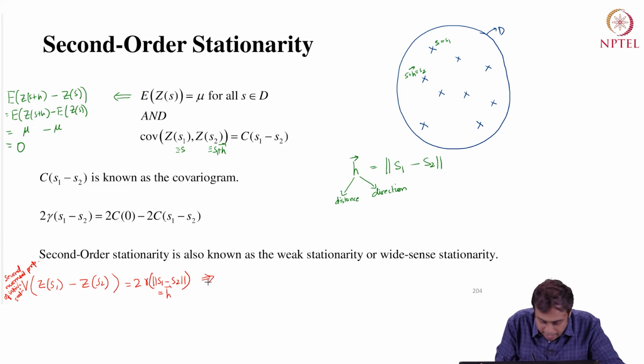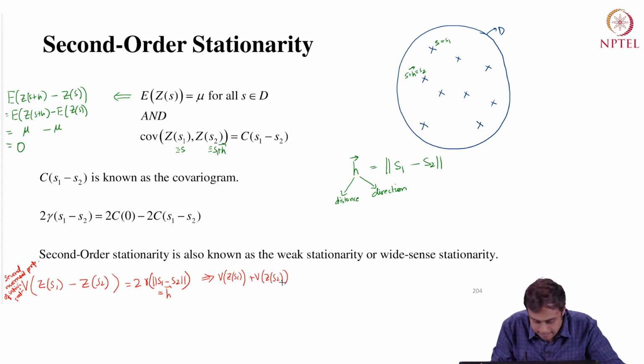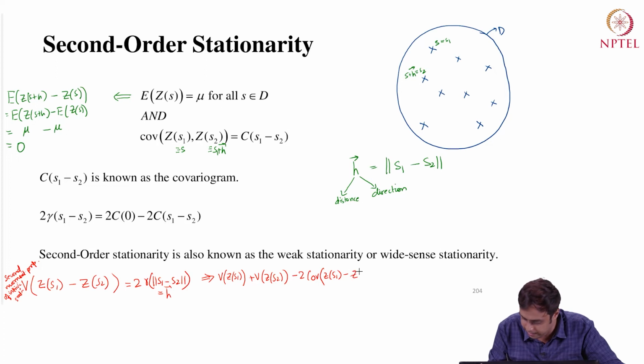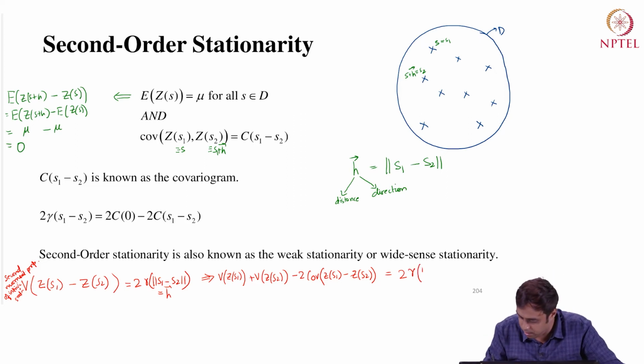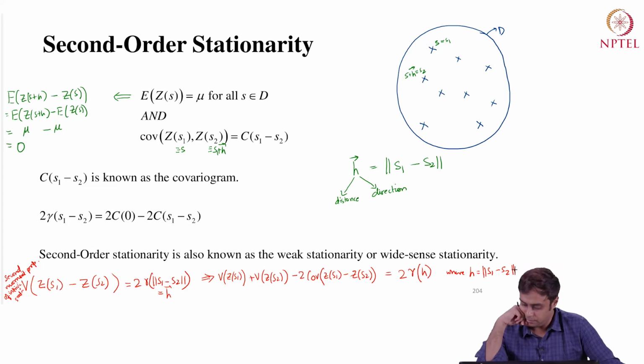Now, this would imply the LHS can be written as variance of Z(s1) plus the variance of Z(s2) minus 2 covariance of Z(s1), Z(s2). This is equal to nothing but 2 gamma(h), where h is simply the distance between s1 and s2, right.